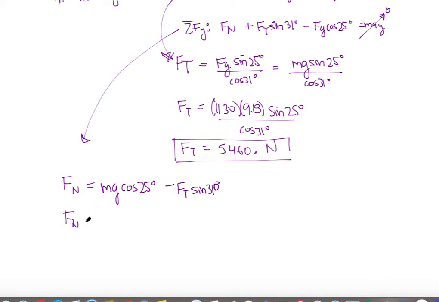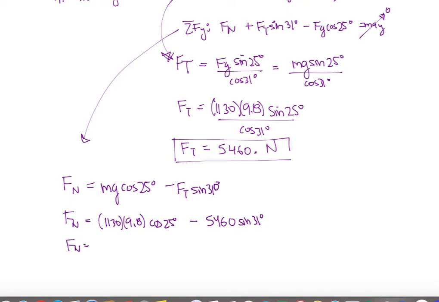So my normal force is going to be 1130 times 9.8 times the cosine of 25 degrees minus 5460 times the sine of 31 degrees.